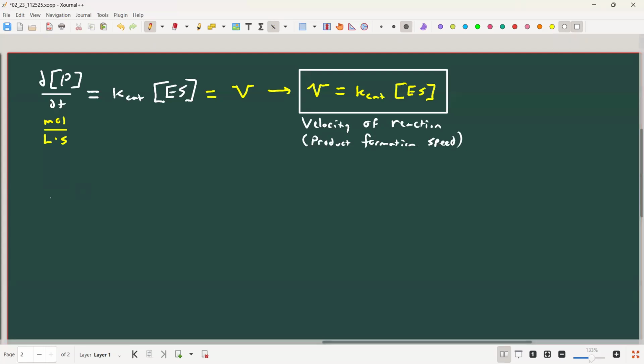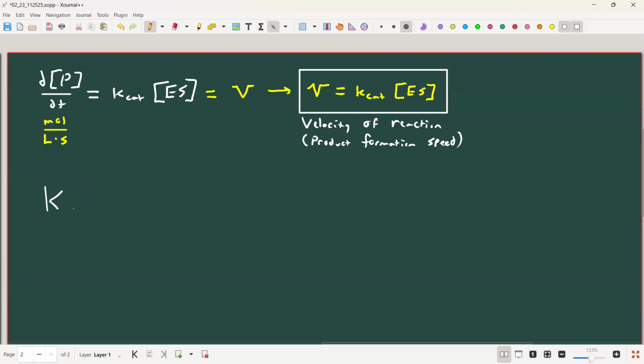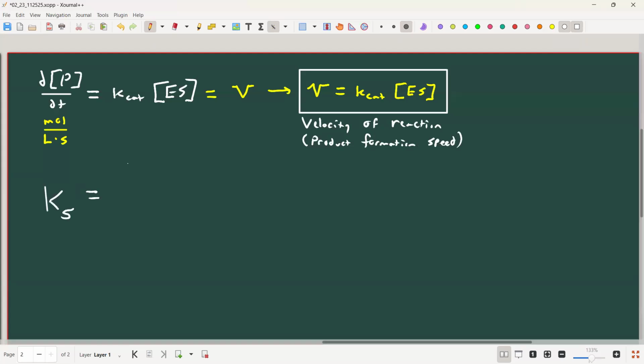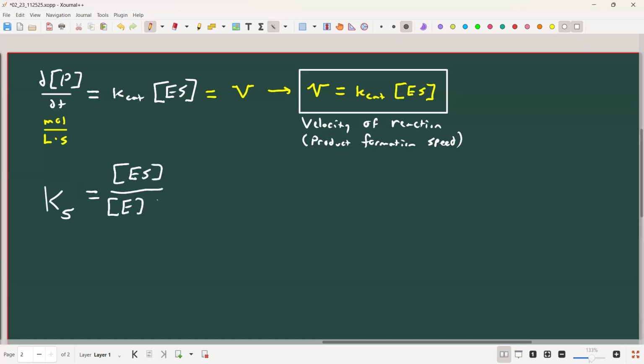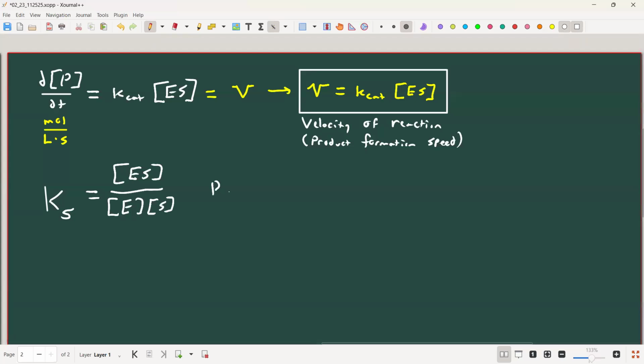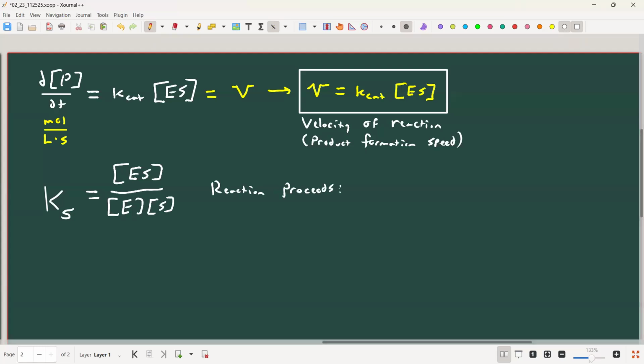Okay. Well, we have that Ks, our equilibrium constant, is equal to ES over E times S. And as this reaction proceeds, how do the concentrations of everything change as the system proceeds?